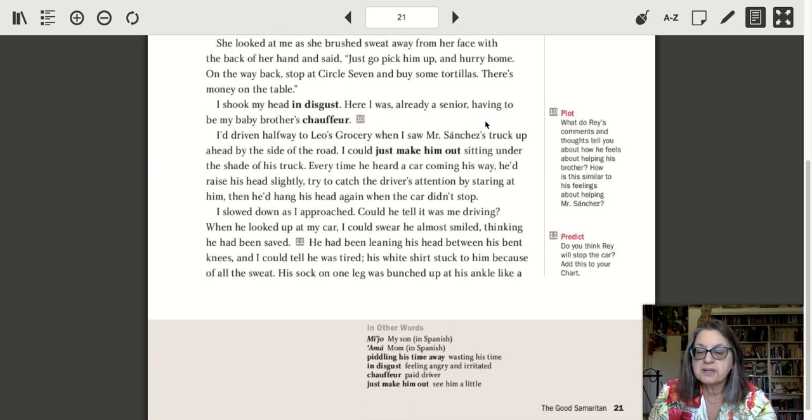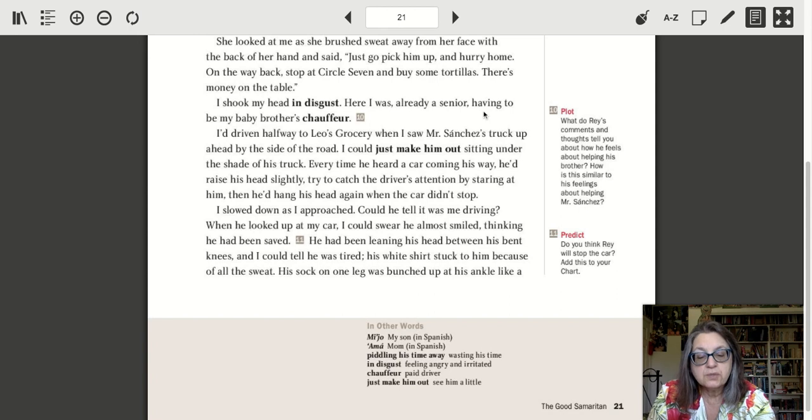She looked at me as she brushed sweat away from her face with the back of her hand and said, just go pick him up and hurry home. On the way back, stop at Circle 7 and buy some tortillas. There's money on the table. Shook my head in disgust. Here I was, already a senior, having to be my baby brother's chauffeur.